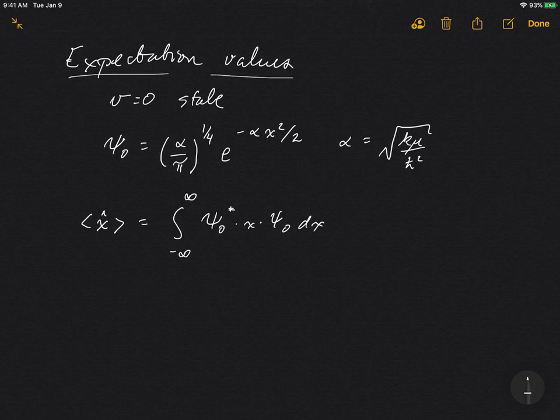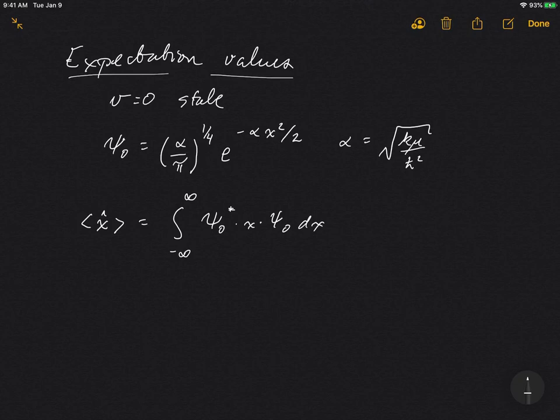And our function here is e to the minus alpha x squared over 2. That's this bell curve type function. It's an even function. And x is an odd function, right? When you replace x with minus x, you get minus x. It changes the sign.